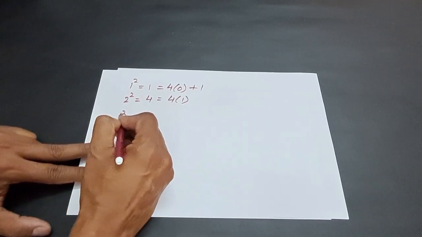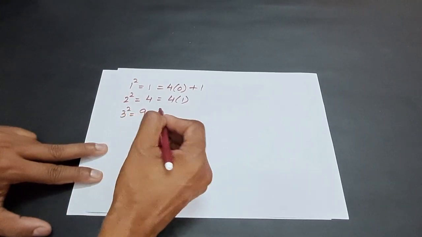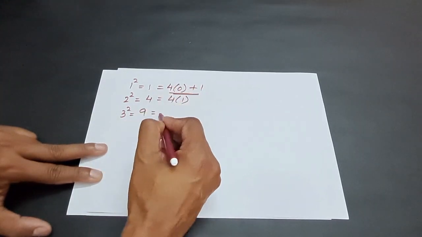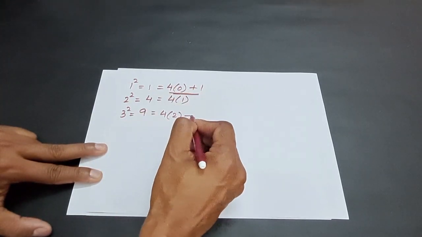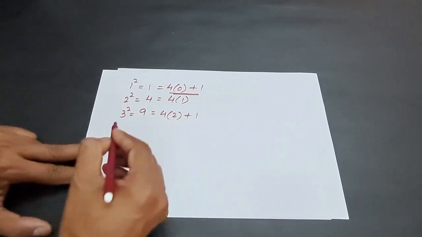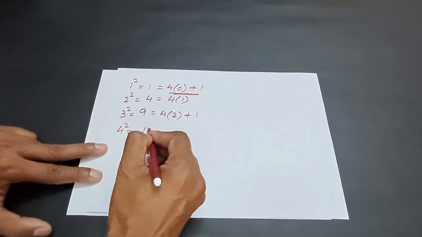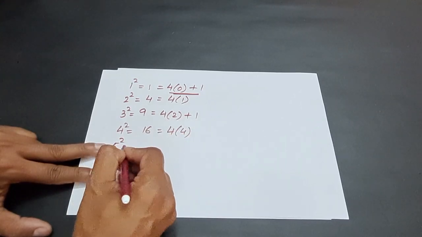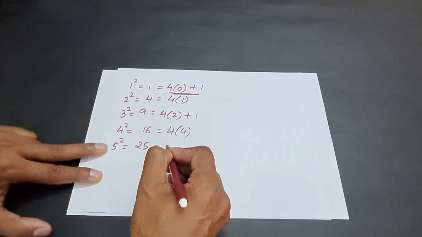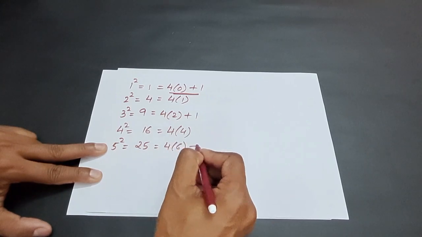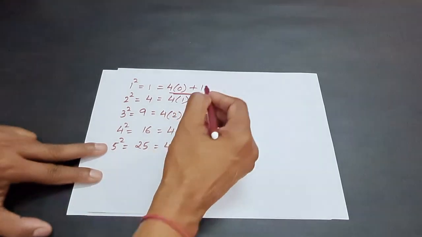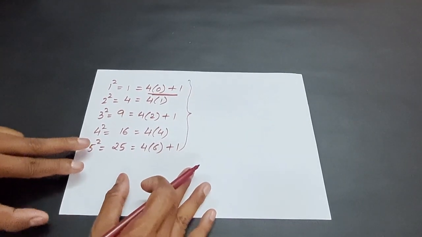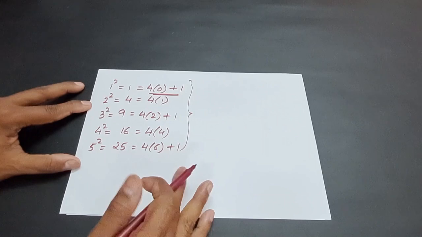And surprisingly, 3 square is 9, so it will again be represented as 1 more than a multiple of 4: 4 times 2 is 8, plus 1 is 9. 4 square is 16, an exact multiple of 4, 4 times 4. And 5 square is 25, that is 4 times 6, which is 24, and then again plus 1. So you can see there are two patterns which repeat in square numbers when we express them as multiples of 4.